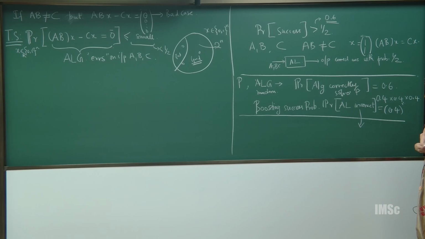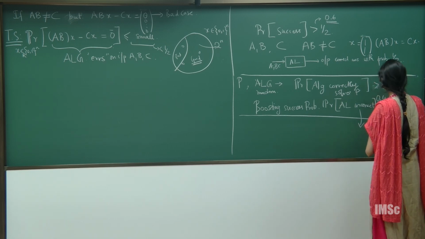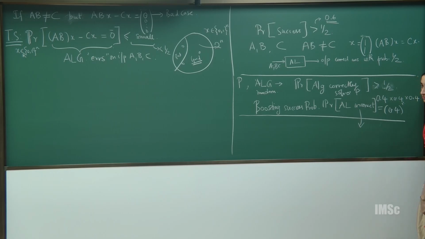No, at each trial, the probability of the algorithm giving the correct answer is 0.6, let's say greater than half. Why can't we multiply? Every time you multiply 0.6, you get lesser and lesser. You are correct, but it's not like that.